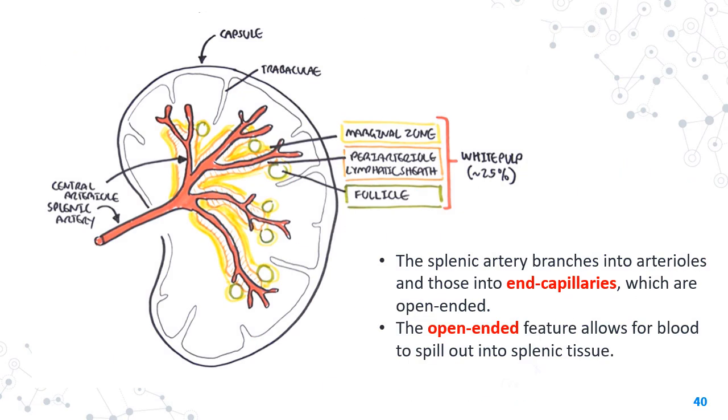Okay, so what is happening here? You have the periarterial sheath that is around there. In this area you're going to find the T cells, and then close, on the border near your red pulp, you're going to find the follicles.